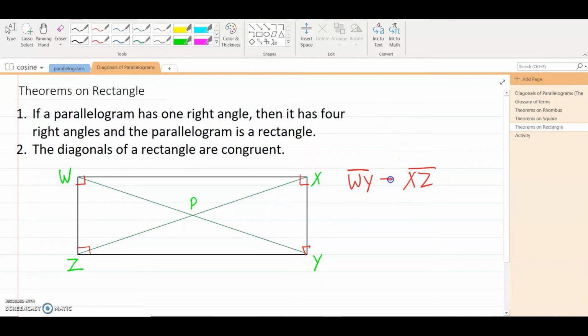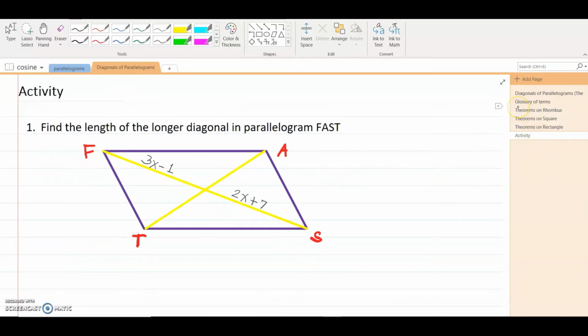So therefore, these diagonals are congruent. Okay, so we are already done with the different theorems on rhombus, square, and rectangle that also involve diagonals. So let us have now this activity.